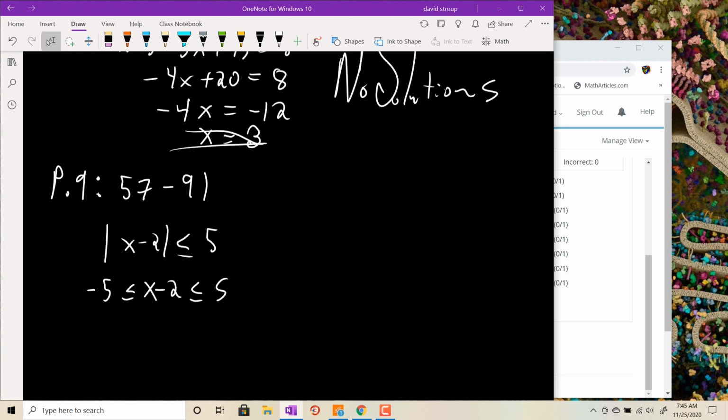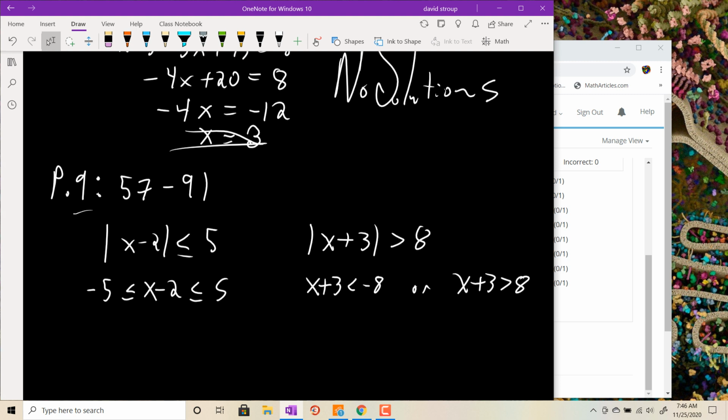The other case, maybe you had the absolute value of x plus 3 greater than or equal to, let's say, 8. Then in that case, you would go x plus 3 less than or equal to -8, or x plus 3 greater than or equal to 8, and you would solve those two inequalities.